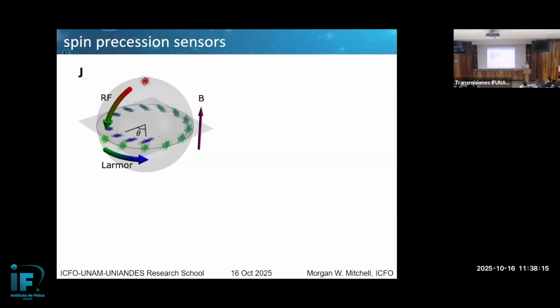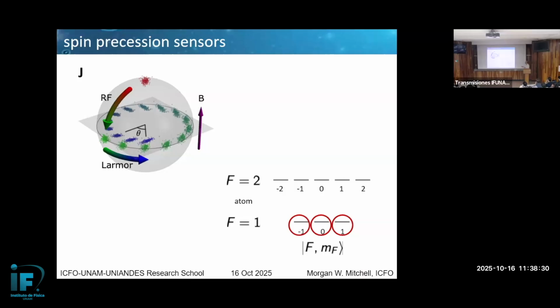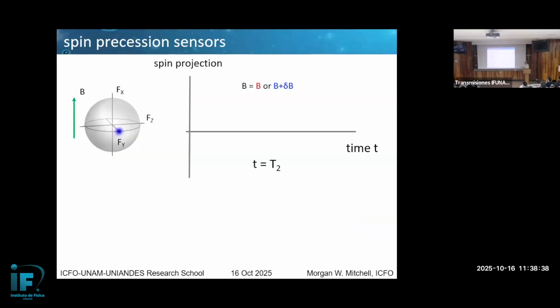And then at some point, we read out and we see what angle they have achieved. The spin system that we're using is the ground state of rubidium-87. We did some experiments where we used just 2 states, and we did other experiments where we used all 3 states, but they're all described by spin operators. And so this picture applies to all of them.